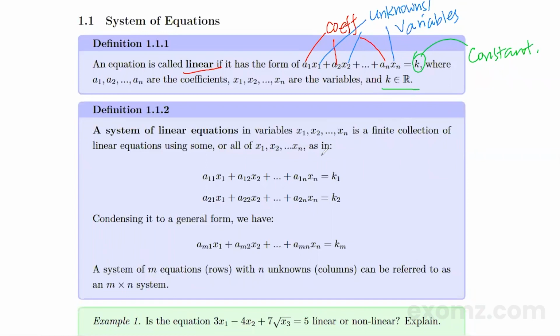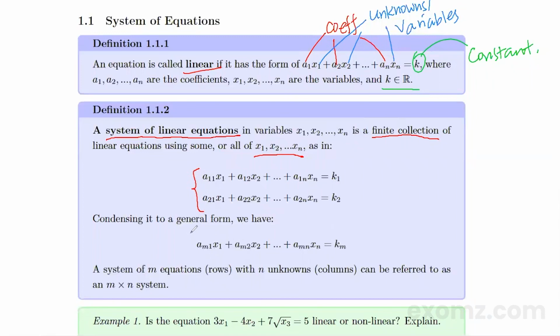What if you have more than one linear equation? In that case, you'll be having a system of linear equations. A system of linear equations is a finite collection of linear equations using some or all of x1, x2, all the way to xn's, as in these equations right here.